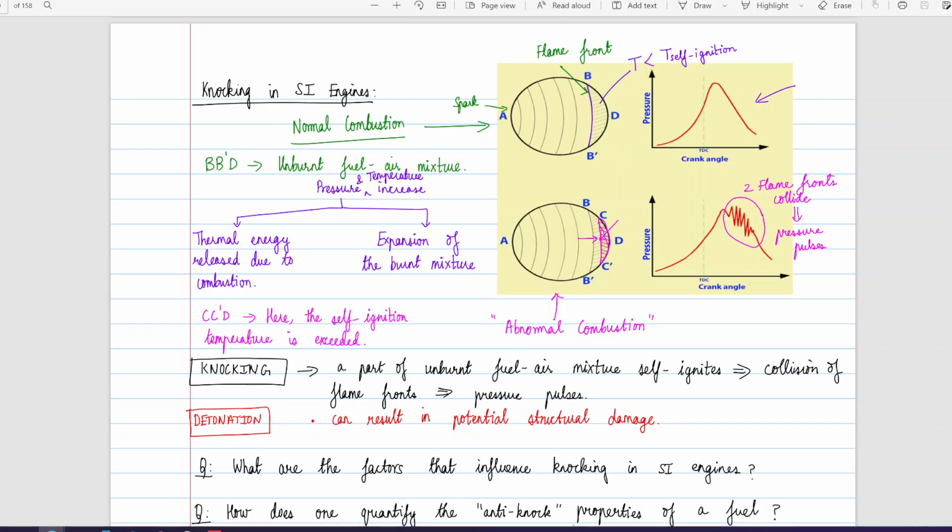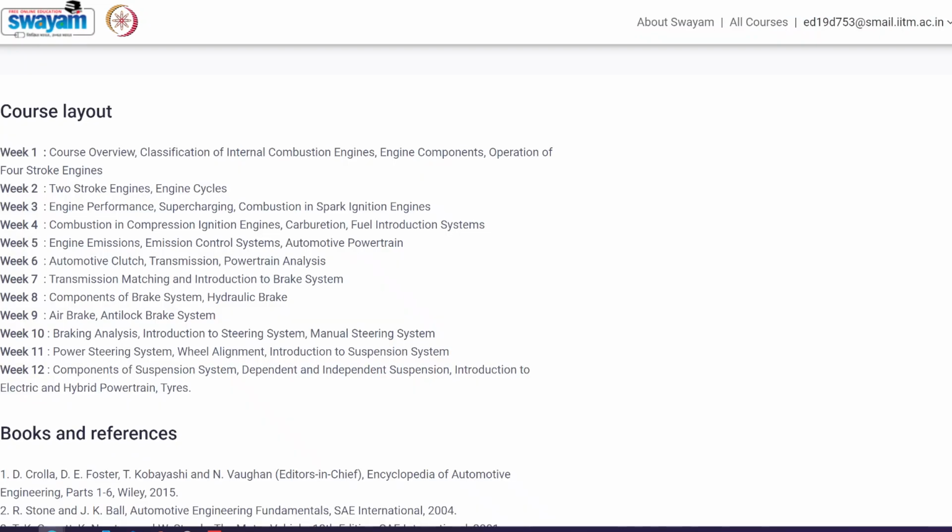We'll meet next week. We'll complete our discussion on batteries, and then we will take a look at other stuff also. Let me summarize quickly: discussion on some control systems and automotive powertrain. So let's see how it goes.